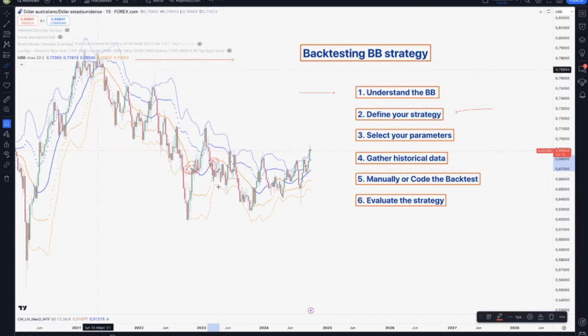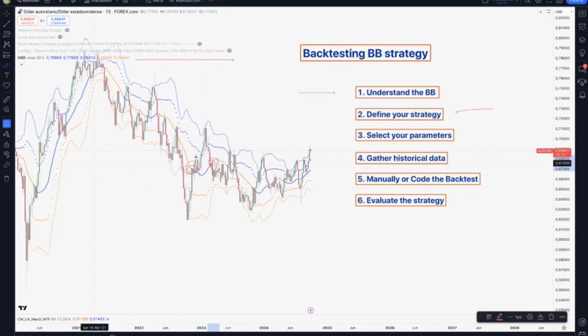With this indicator, we can see that in the change of colors, right? That's easier to watch. But we can also use this as a breakout: buy when the price breaks above the upper band or sell when it breaks below the lower band. And also the band squeeze, but we will have just one video for that one. For now, I can tell you, look for periods where the bands contract, or low volatility, which indicates potential for a breakout, okay?